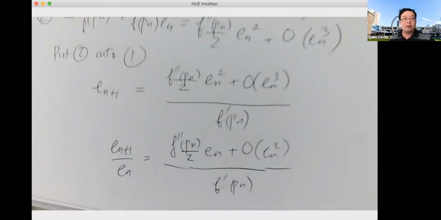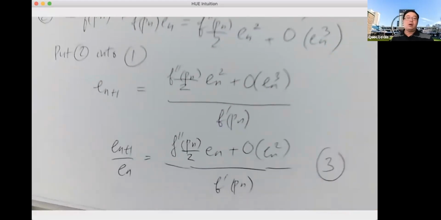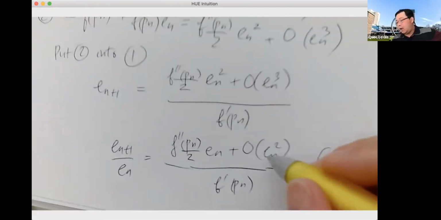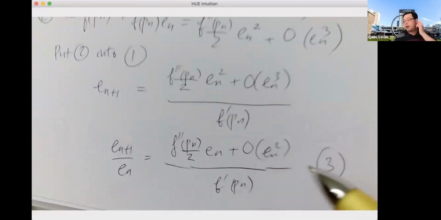Maybe I put this as number 3. If you look at number 3, I cannot take the limit yet, because En still goes to 0 as n goes to infinity, and Pn goes to P, so f prime(P) is 0. So you still have 0 over 0.